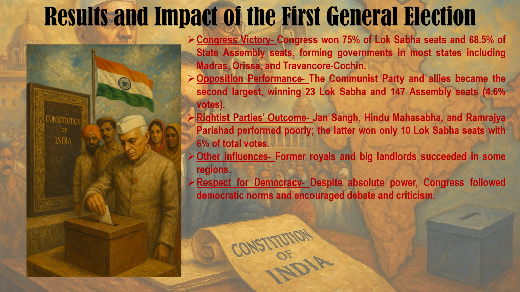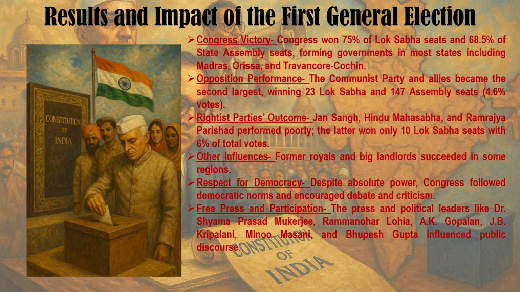Despite absolute power, Congress followed democratic norms and encouraged debate and criticism. So in democracy, the main thing is vote, and the second most important thing is the role of opposition. So despite Congress winning everything, they still valued the ethics of democracy and provided ample platform for debate and criticism.